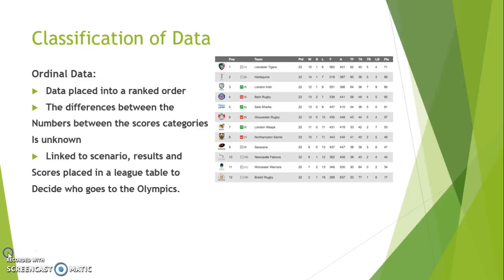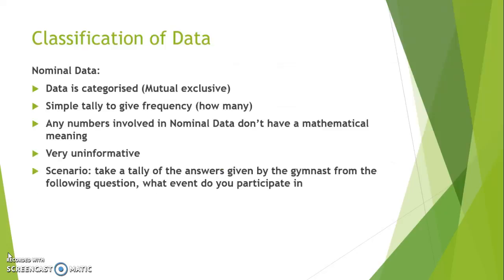Linking this to the scenario, the scores were placed into a table to decide who goes to the Olympics, like qualifying for the Olympics. The gymnasts are ranked on their scores, and this is where you would use ordinal data to decide who's ranked highest.